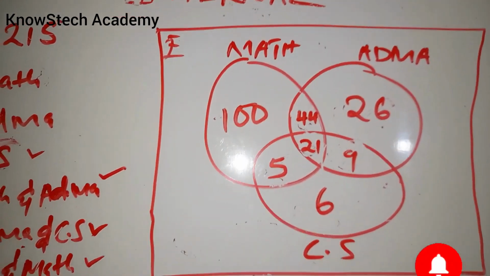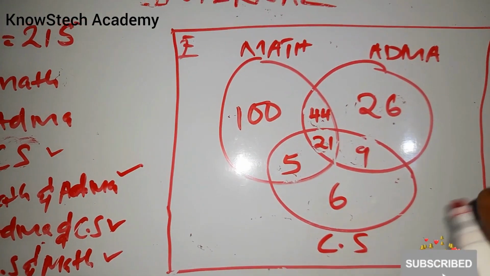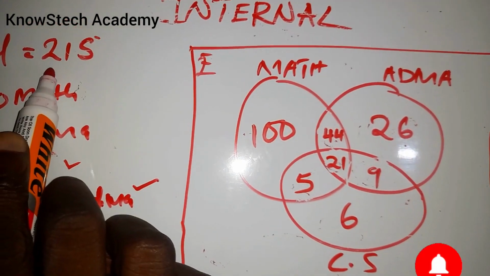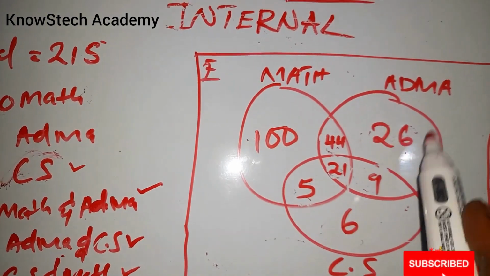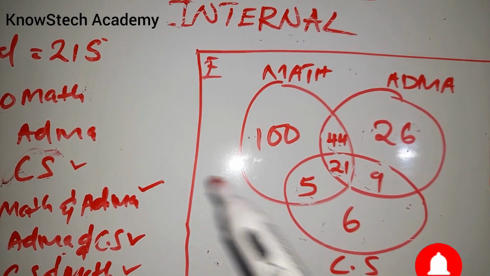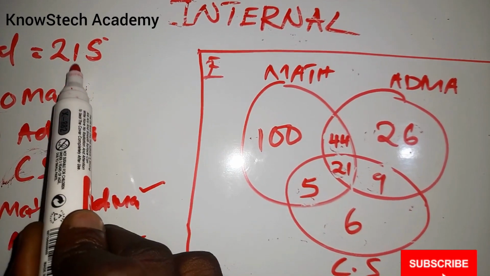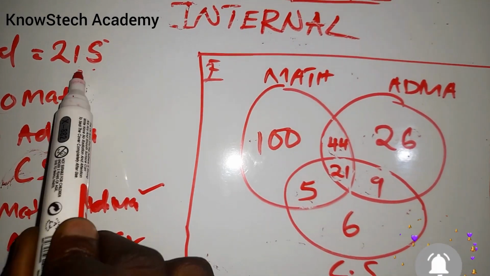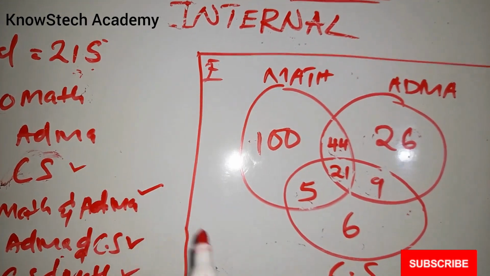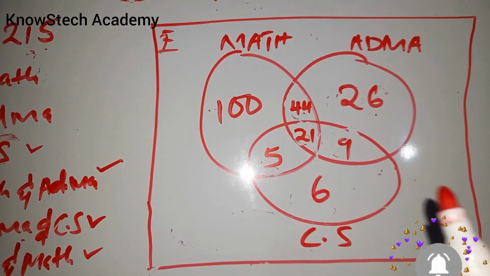So I was saying, when you add all the teachers, total number of teachers here should be equal to, if every teacher participated in teaching these 3 subjects, should be equal to this one. Then if it is not equal to this number, then it shouldn't be greater than this number. It should be less than this number, so that the remaining number should be put outside these 3 sets there.